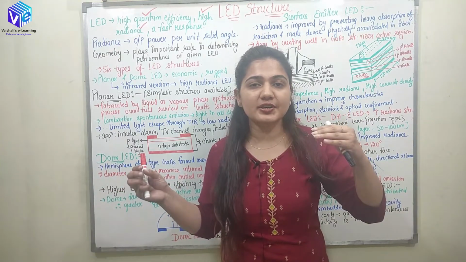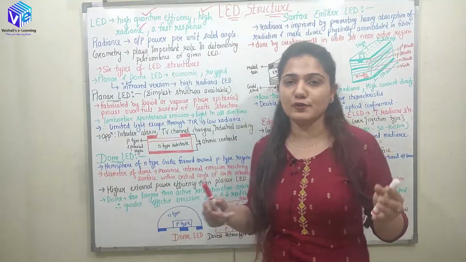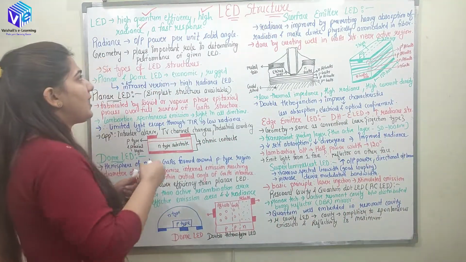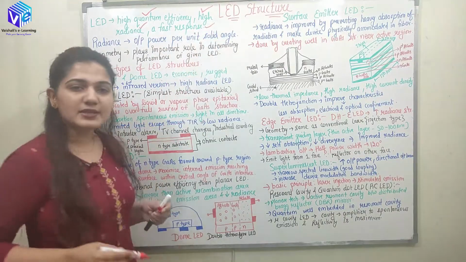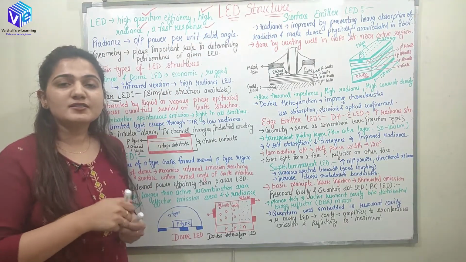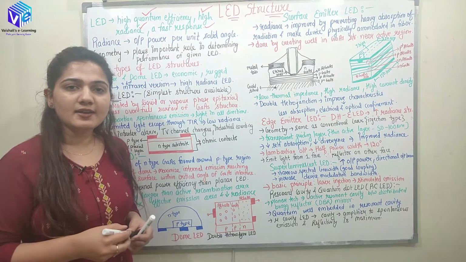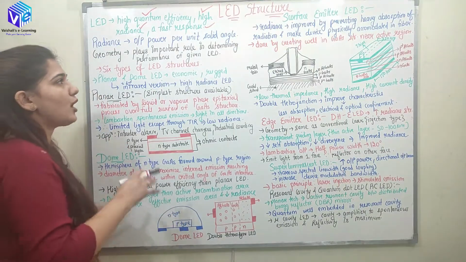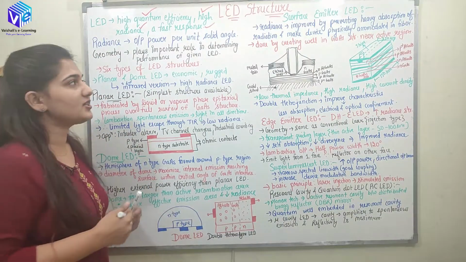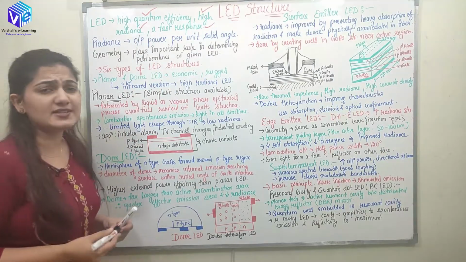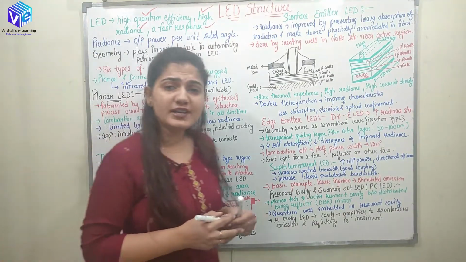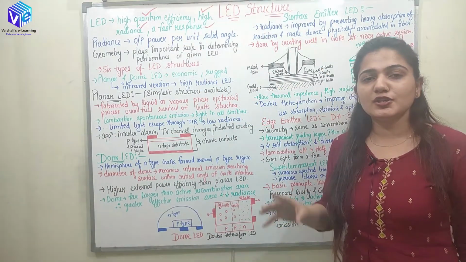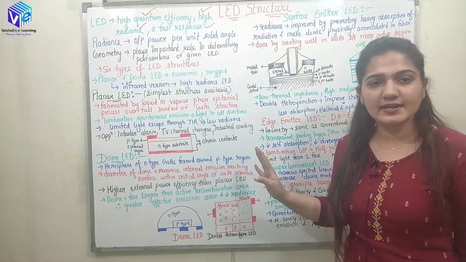If the input is changing really fast, the light from the LED should also change really fast. I hope you understood it. If I have a fast response, it means my processing speed or the data rate would be high. This is the requirement of the future. So I should have an LED structure which gives me high quantum efficiency, high radiance or low leakage current, or I can say a fast response. This would be the ideal behavior of any LED.